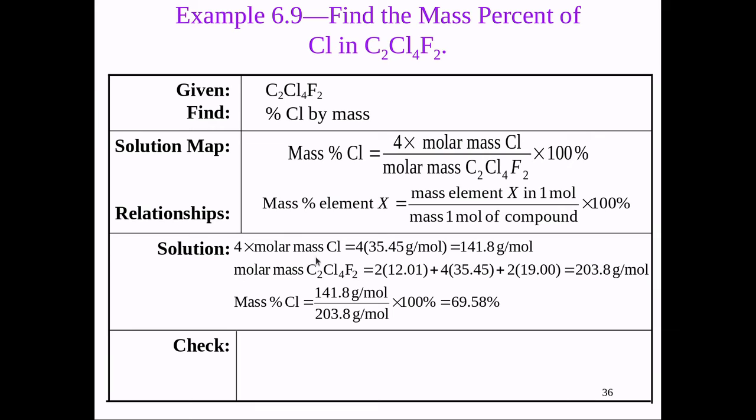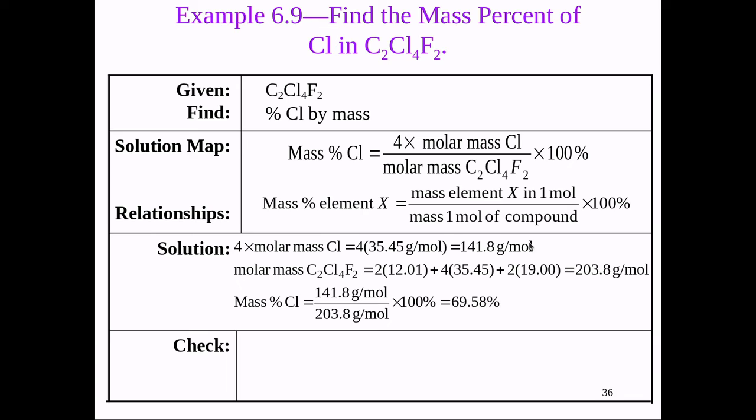And then we need to figure out the molar mass of the whole molecule. So we go and look up the carbon and the chlorine and the fluorine, and we multiply them by each of their subscripts. And we see that one molecule of C2Cl4F2 weighs 203.8 grams per mole.